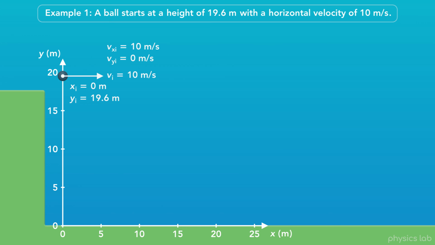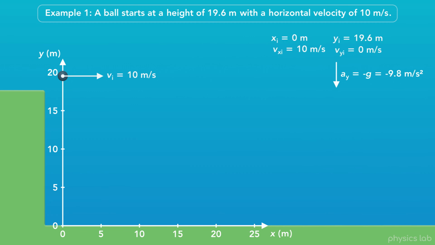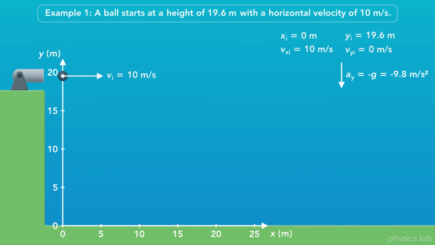Since this is projectile motion, the acceleration due to gravity, g, is 9.8 meters per second squared downwards. Since we chose up to be the positive y direction, then ay, the vertical acceleration, would be negative g, negative 9.8 meters per second squared. So that's our setup.